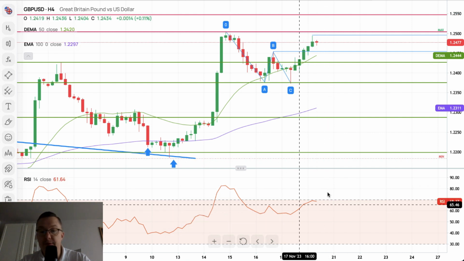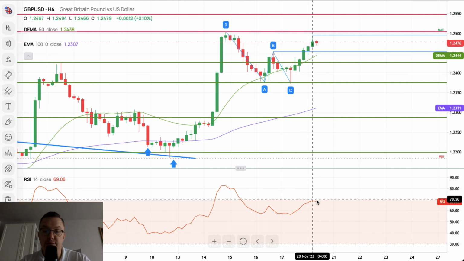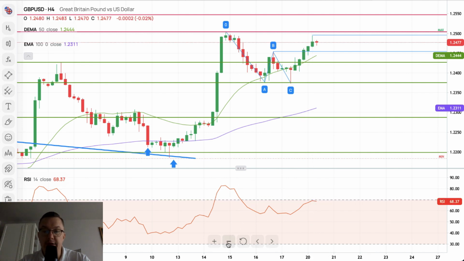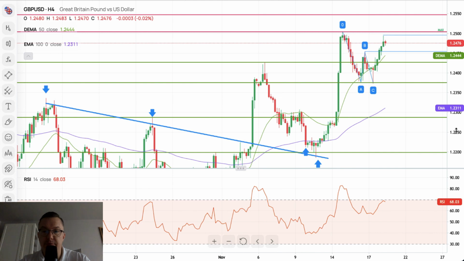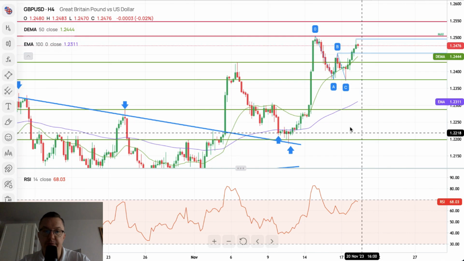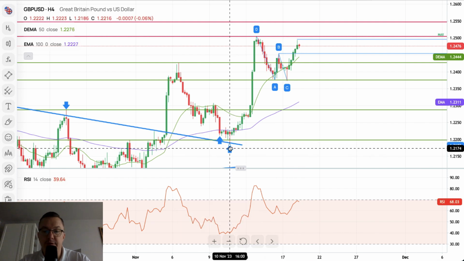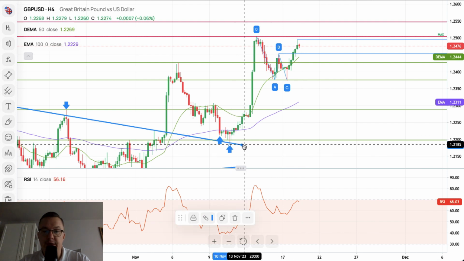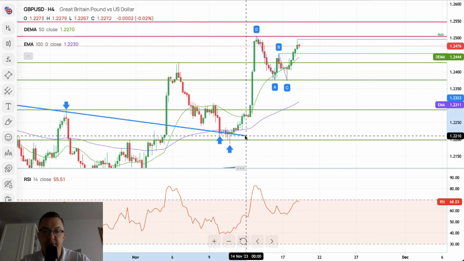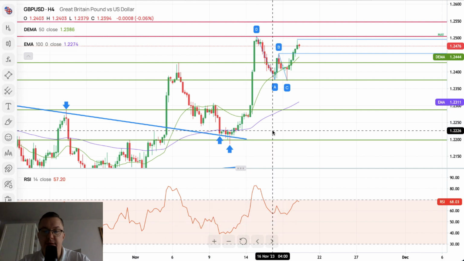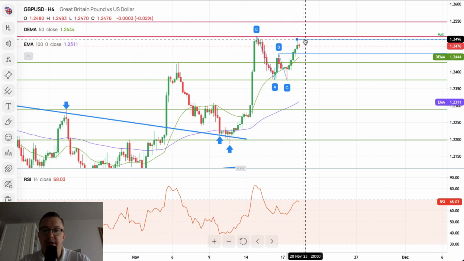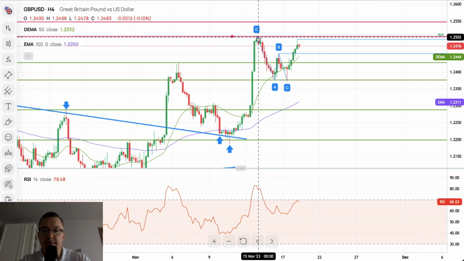Nevertheless, the momentum is still strong, it's still positive, it's roughly touching the level of 70. There is no bearish divergence, and if we just take a look at the current situation of the British pound, we can see very nice movement to the upside, very nice wave progression to the upside. So we should prepare ourselves for another movement to the upside if the level of 1.2505 is done.